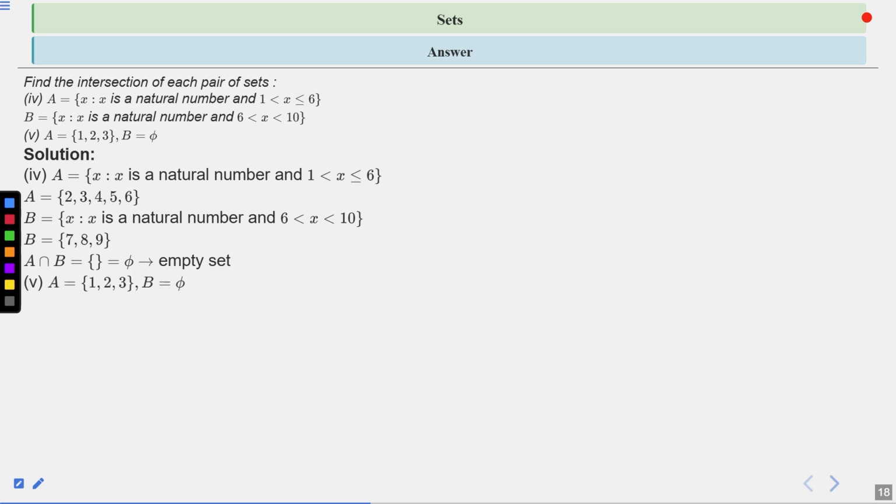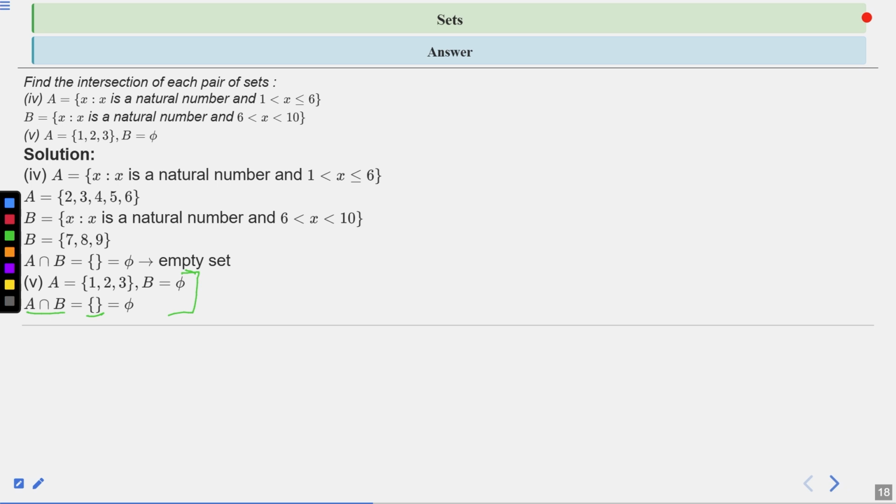Now for fifth, A intersection B will also be your empty set, meaning both are disjoint. We do not have any common elements. Clear? Also, this fifth one is illustrating an interesting property: when you have A as a subset of B, what can you say about the intersection?